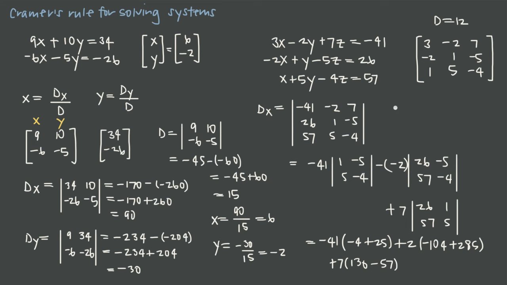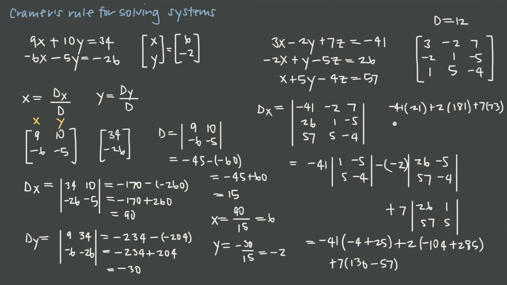So the result, if we put it up here, we get -41 times -4 plus 25 is 21. We get +2 times 285 minus 104 is 181. And then 130 minus 57 is a 73, so we get +7 times 73.